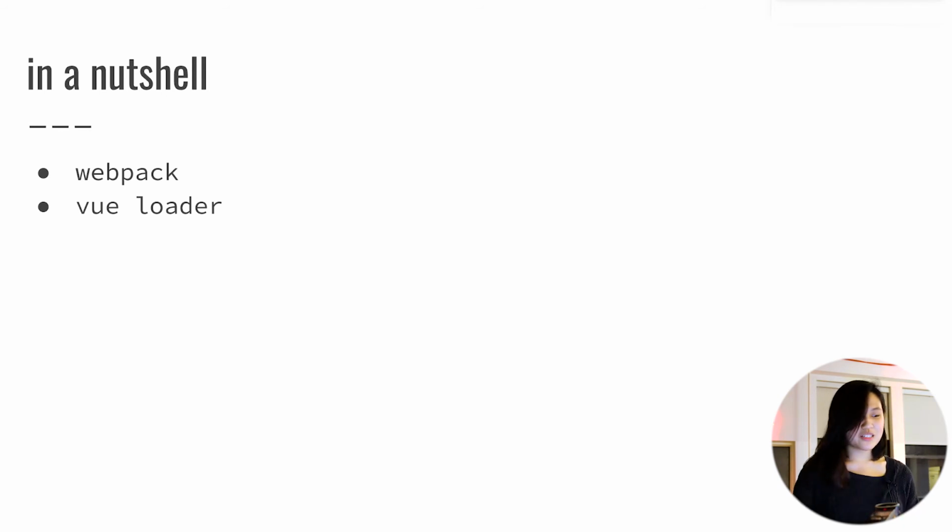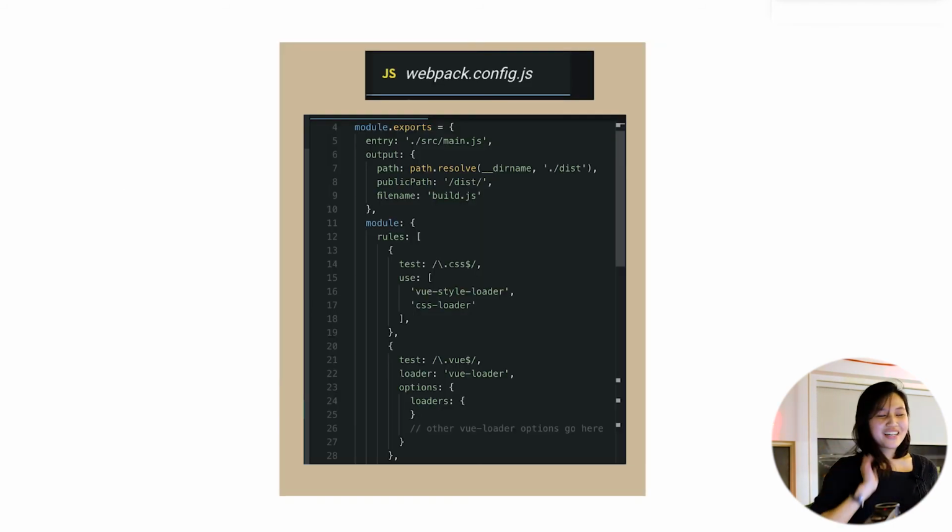And I was like, whoa, what is webpack and vue-loader? So webpack, let's actually dive into the code a little bit. So the webpack config includes this one line to load .vue files with vue-loader.